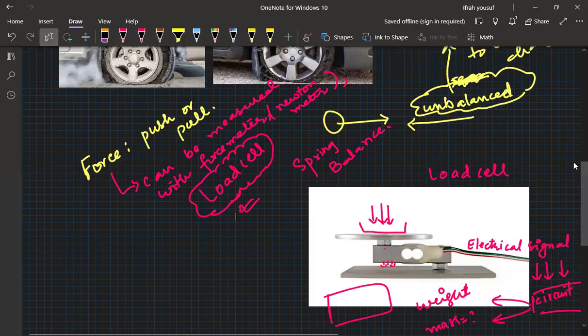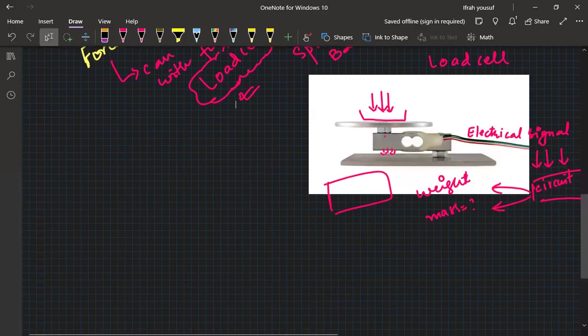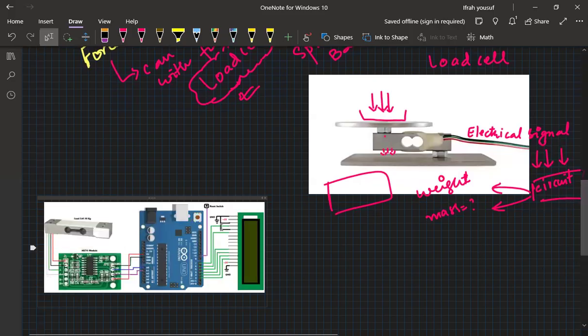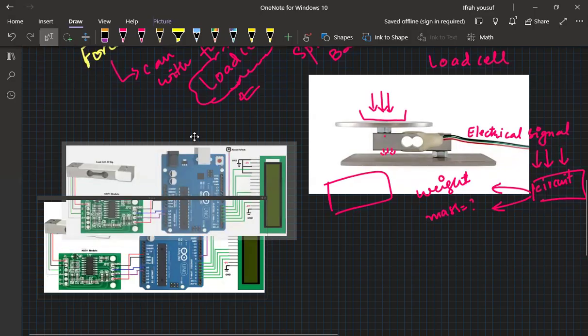Okay. All right. So let me show you the screen as well, where the reading is taken through load cell to circuit and display. Now see the circuit and see how it is connected with the load cell.